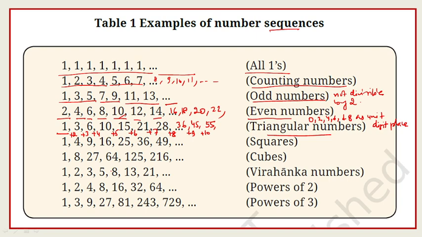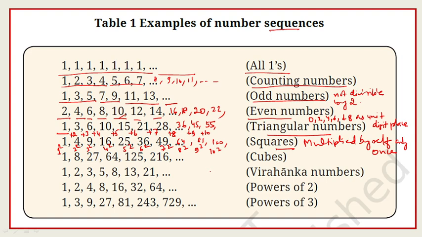The type of number in which you add one more than in the previous step is called triangular numbers. Then squares: the numbers which are multiplied by themselves only once. So here we have 1 square, 2 square, 3 square, 4 square, 5 square, 6 square, 7 square, then 8 square, that is 64, 9 square, 81, 10 square, that is 100.